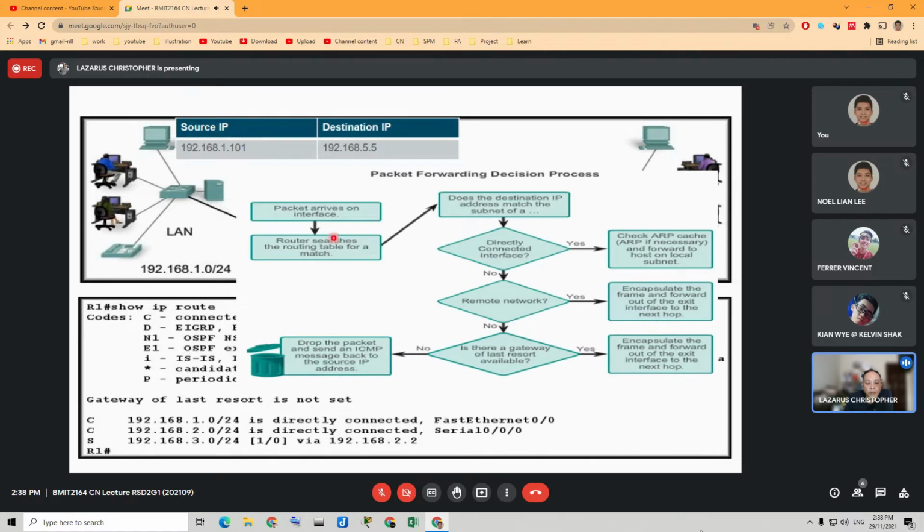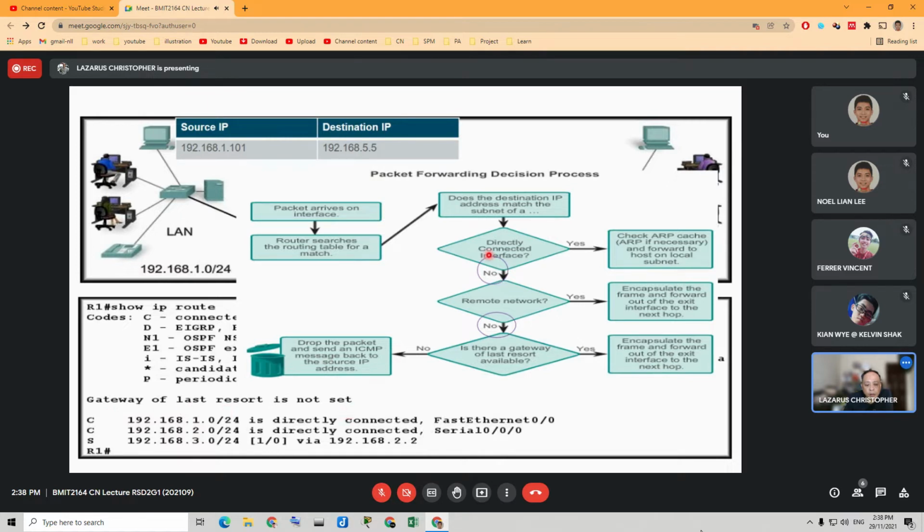All right, packet arrives, router searches. Is it directly connected? No, this is 1 and 2, and this is 5. So no match. Is it a remote network? Again, this is 3, this is 5. So no match. And the gateway of last resort is not set.